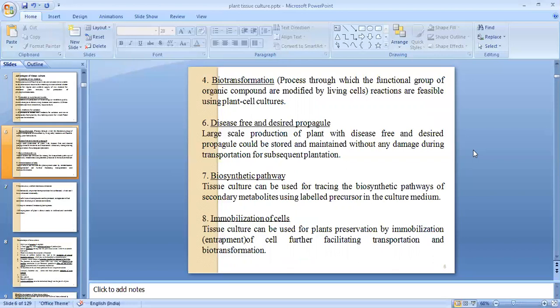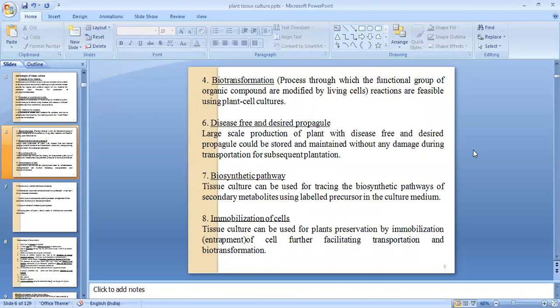Each and every secondary metabolite is produced in the cell by biosynthetic pathways. Each and every step in the biosynthetic pathway has its own metabolite. So here, any compound involved in the biosynthetic pathway can be slightly modified and introduced in the plant tissue culture, so that you will get whichever product you are desiring.